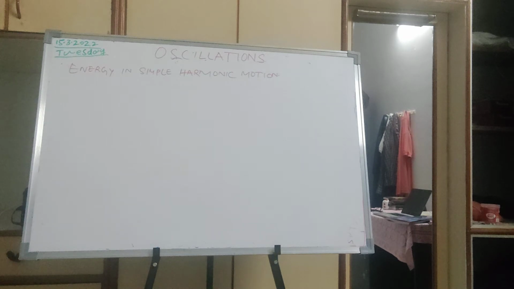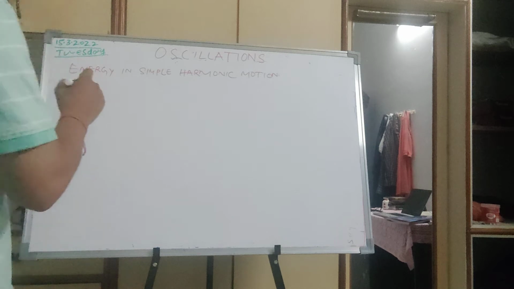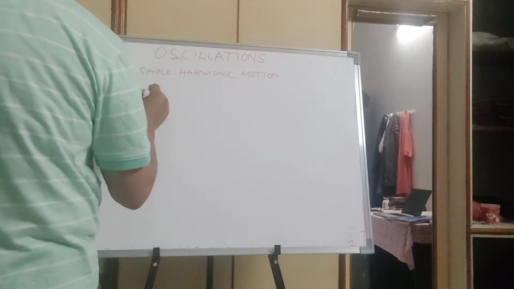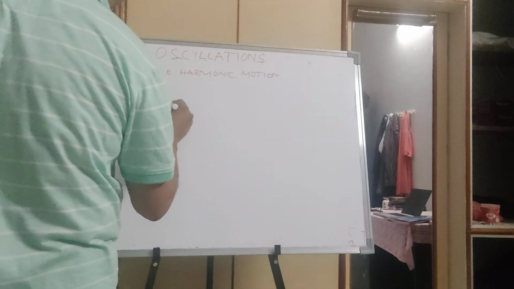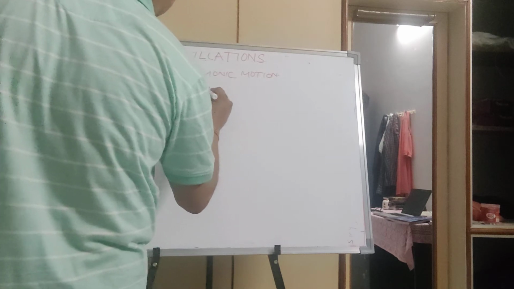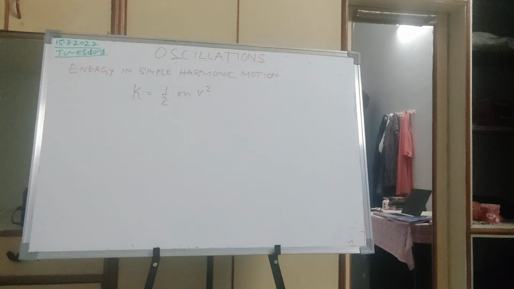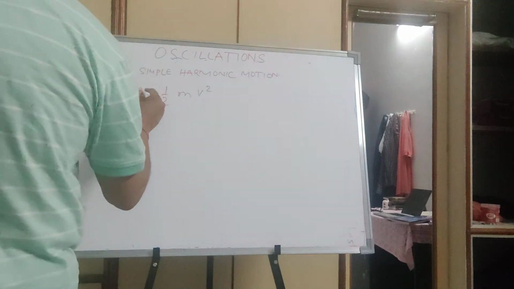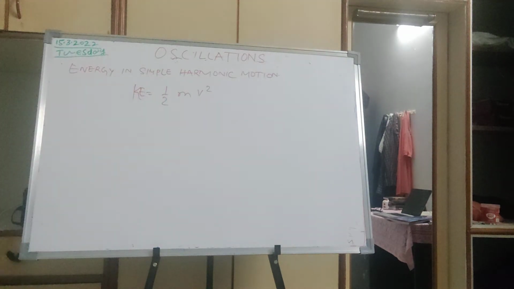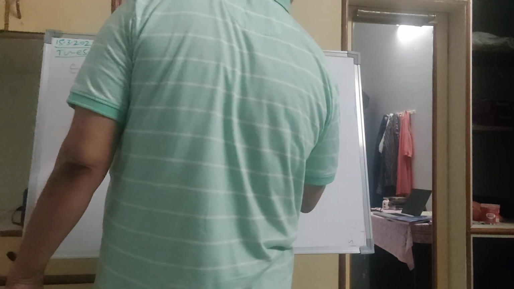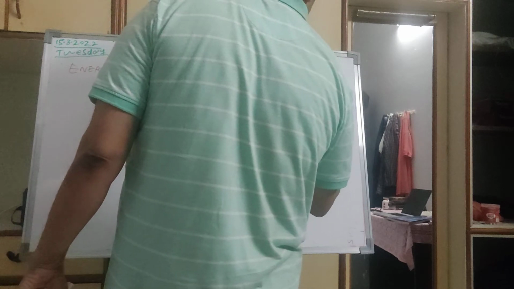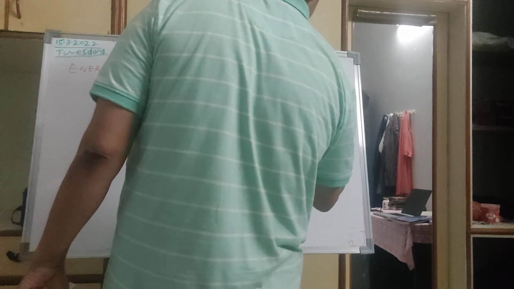Okay. So we know the expression for kinetic energy is half mv square. Then what is v? We know x is equal to a cos(omega t plus phi).